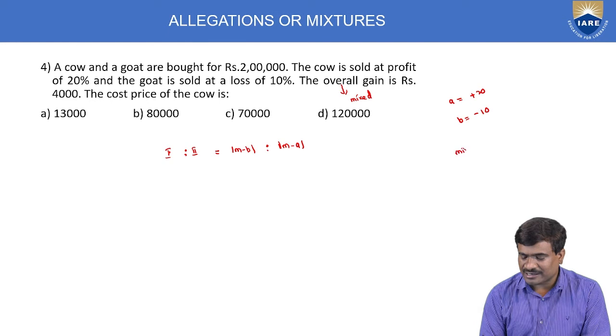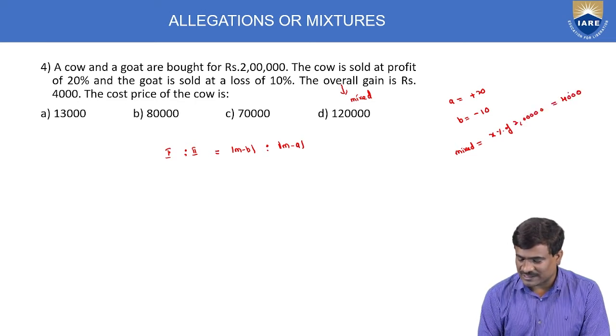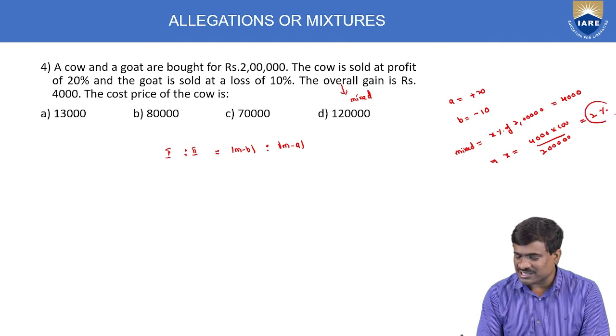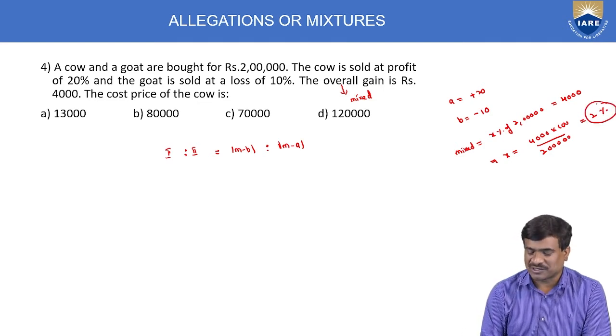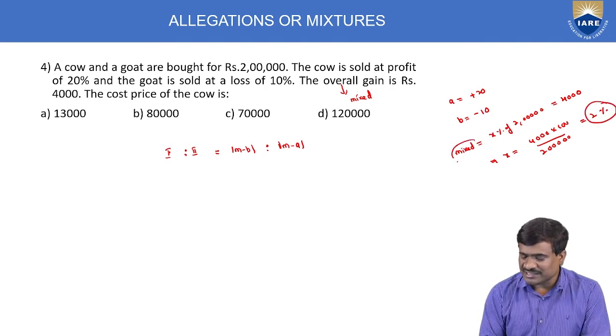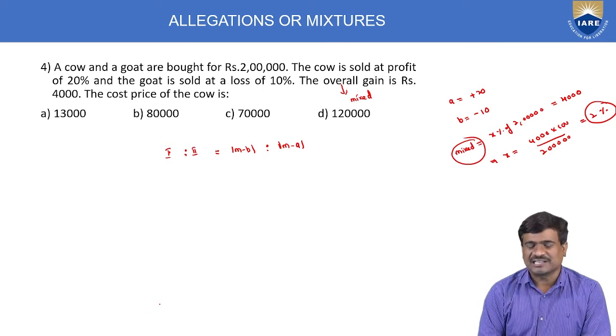Mixed is not directly given. Suppose mixed is x percentage of 2 lakhs. X percentage of 2 lakhs is equal to 4,000. Find out x. X is equal to 4,000 into 100 divided by 2 lakhs, which is equal to 2%. That is, mixed is equal to 2%.